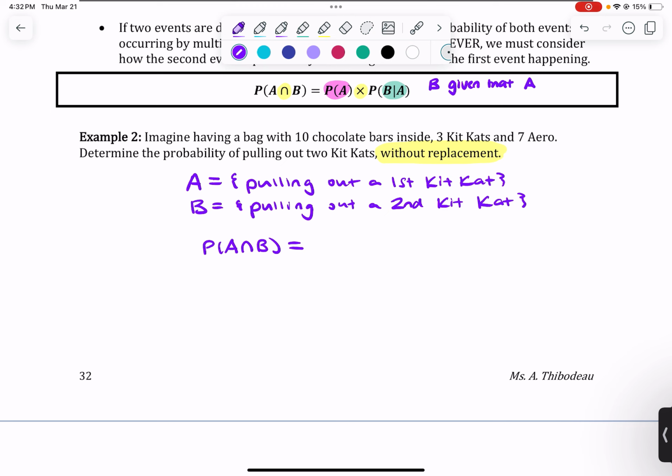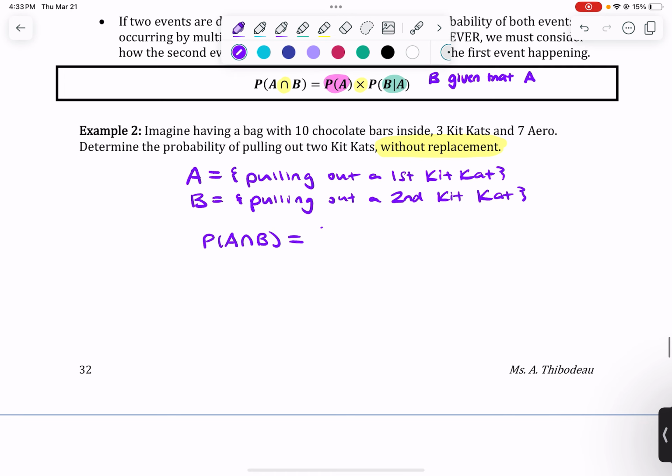We'll have 3 Kit Kats out of 10 possible chocolate bars, so 3/10 is that probability. It's an "and" situation, so I multiply. And the second one says the probability of B, given that A has already taken place. So what's the probability of pulling out a Kit Kat if I've already pulled out that first Kit Kat? Well, that means there's only 2 Kit Kats left to choose from, and there's only 9 chocolate bars left in that bag.